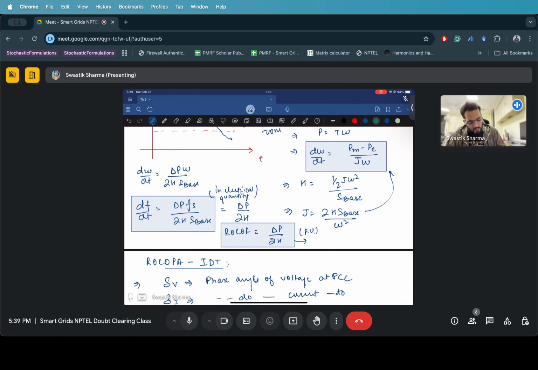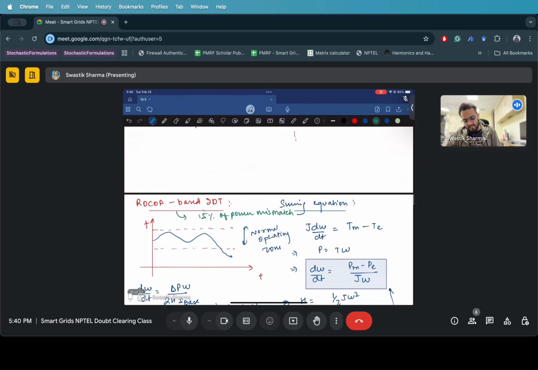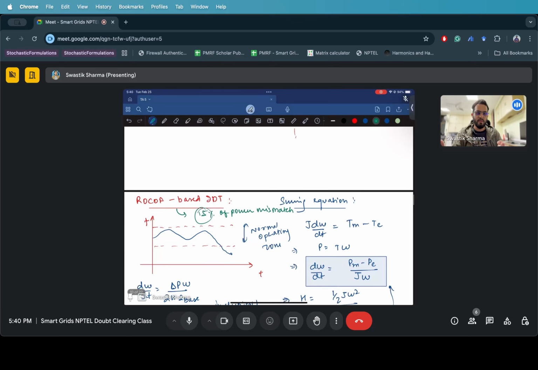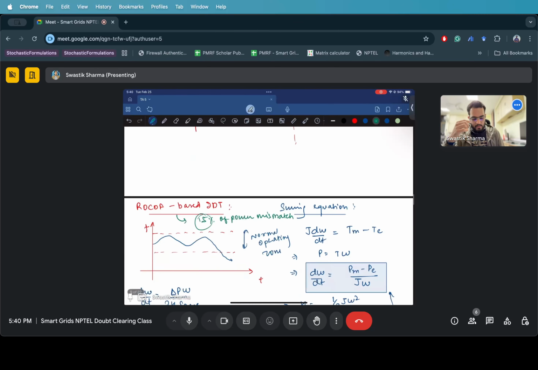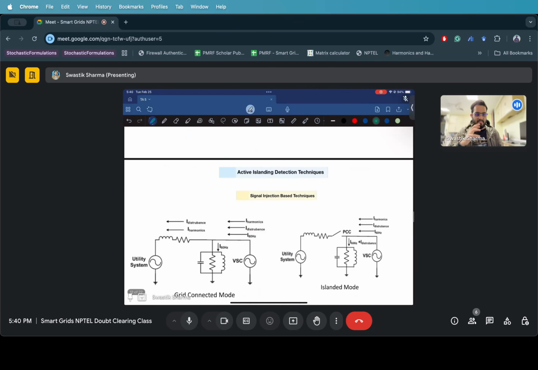So this huge mismatch is between 10 to 20%. If there is this huge gap between them, we will not be able to tell if some islanding has happened or not. That is why the average of both is taken, 10 and 20. That 15% of power mismatch is at least required to guarantee if an islanding has happened or not, if you're using this technique. So they have their disadvantages.